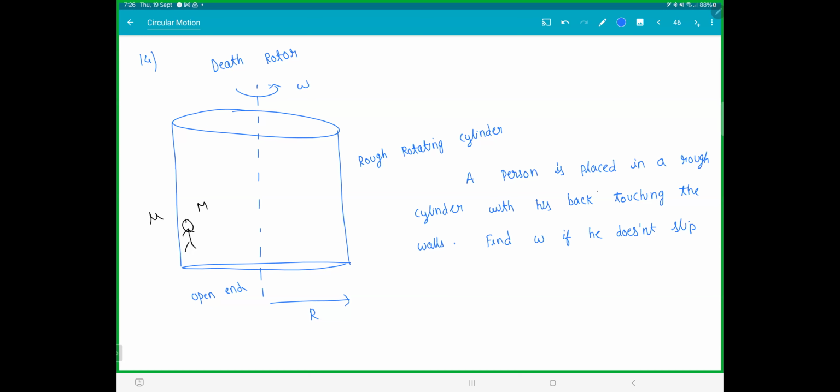Again, don't worry about the question. Step 1, choose a system, draw the FBD. Step 2, write Newton's equation for acceleration. Step 3, solve. Mu mg by r. M won't come. Omega equals root of g by mu r. Okay, let's see.